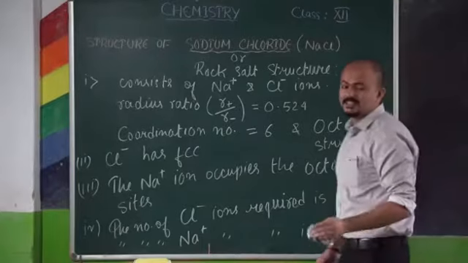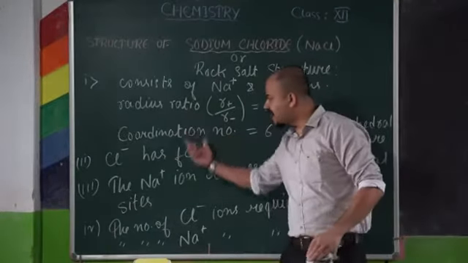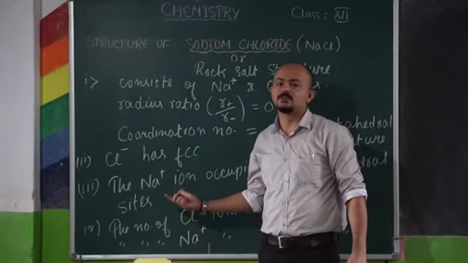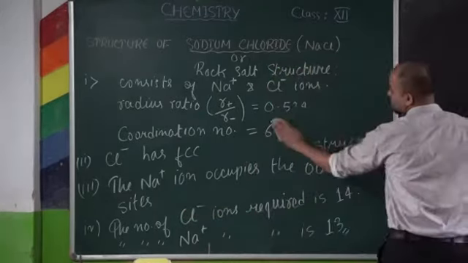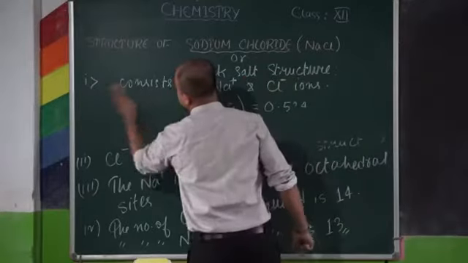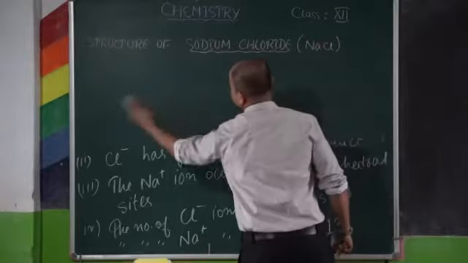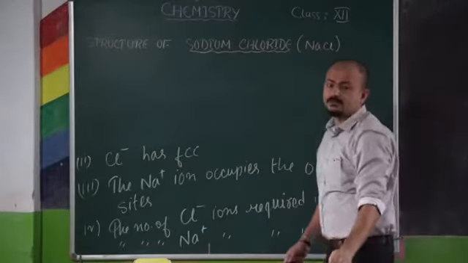Now the fifth point. So in today's class, there are certain facts that you have to remember. So here memorizing is a way. Now, the fifth point is the total number of ions.